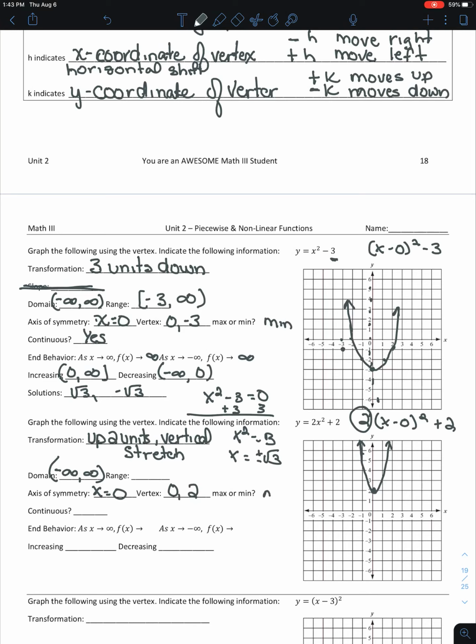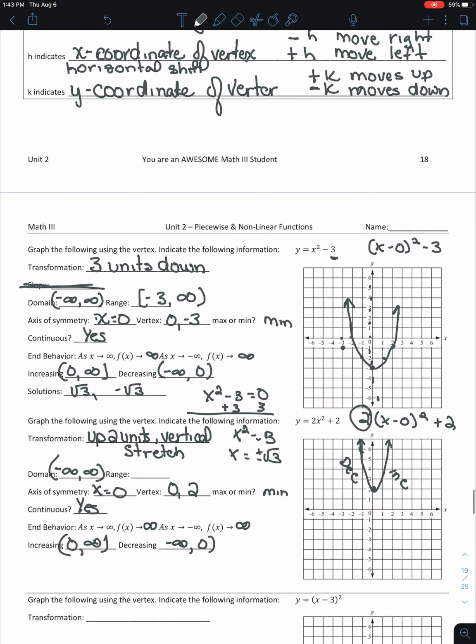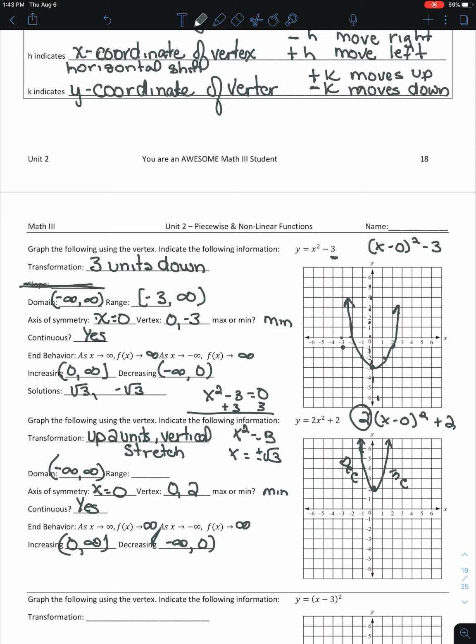Our vertex is 0, 2, and it's still a minimum because it goes down and comes back up. It's continuous, and the domain is negative infinity to infinity. It's increasing from 0 to infinity, and decreasing from negative infinity to 0.